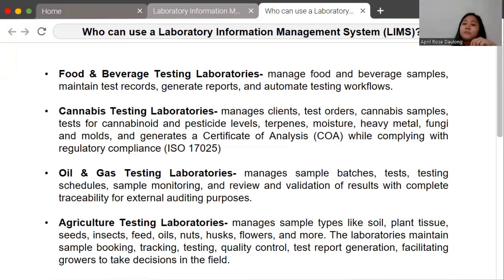So the LIMS manages sample types like soil, tissue, seeds, insects, feed, oils, nuts, husks, flowers, and more. So the laboratories maintain sample booking, tracking, testing, quality control, test report generation, facilitating growers to take decisions in the field.